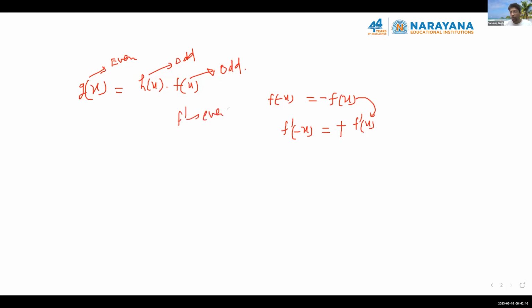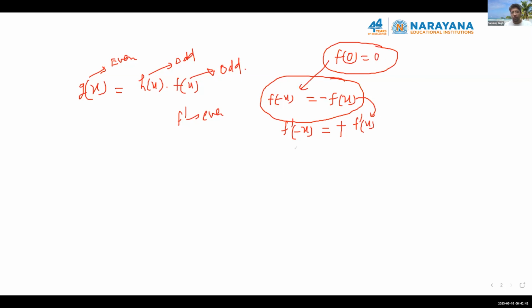Correct? So now the 2020th derivative of f at 0. What will it be? That will be an even function. Getting the point? g is already given for you, a differentiable function. And for odd, what is the property? f of 0 is also 0. Can you see here? I can put 0.